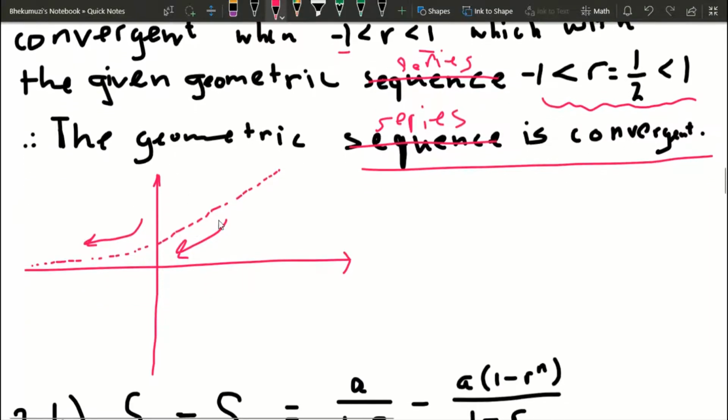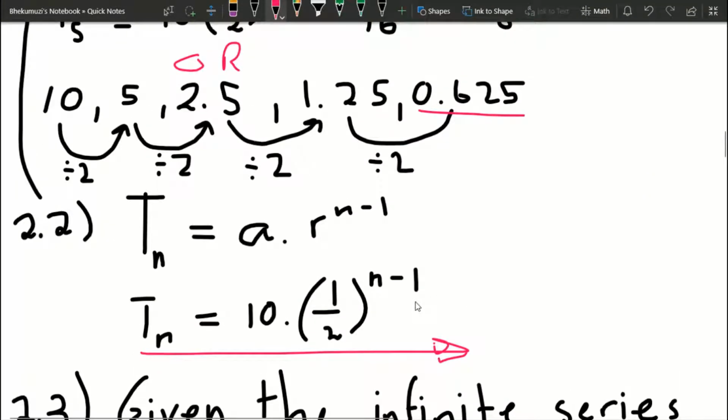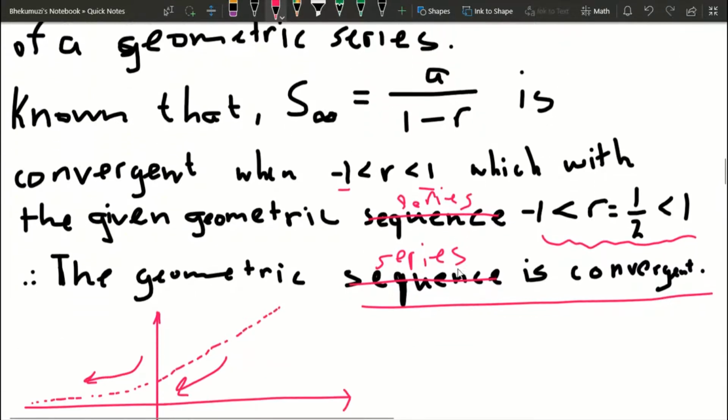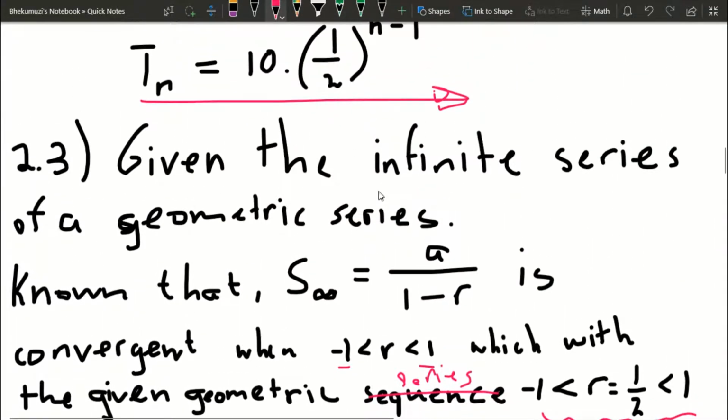And here's a small drawing that I drew. If you think about it, geometric sequences or geometric series are quite interesting for the simple fact that we know this type of function, and this type of function is what we call an exponential function. And you know with an exponential function that it has an asymptote, especially when the r is a fraction, right?